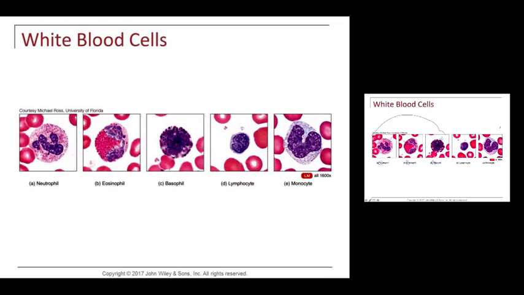You don't see those granules in a monocyte, and you don't see them in the lymphocyte. So for these two, I'll put AG for agranular, and these three are granular. The granulations degranulate when there's a pathogen or a problem, and they help defend and destroy whatever that pathogen is.